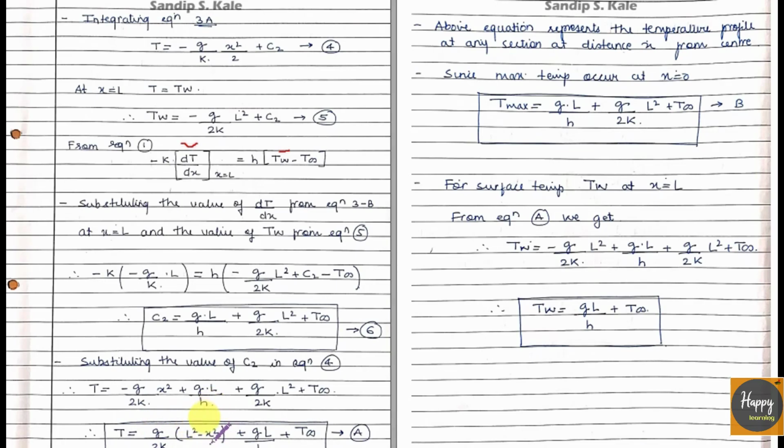This term will equal 0, and this term is gL/h, same over here, plus T infinity. So this is the maximum temperature if you are asked in the numerical. You will just substitute x = 0 in the temperature distribution equation and you will get the answer.